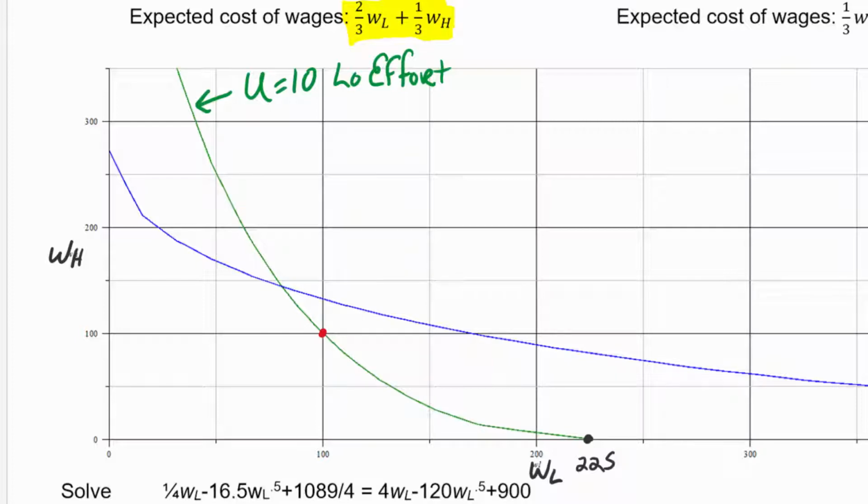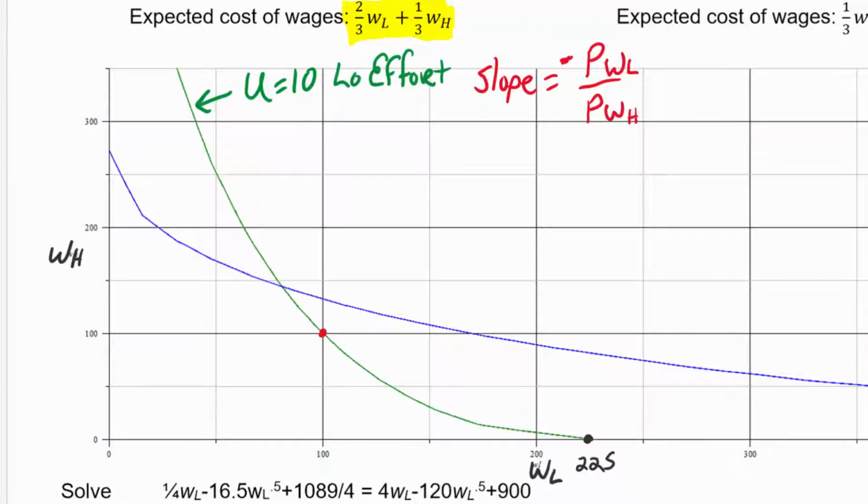Now, typically when we draw an ISO cost, the slope of an ISO cost is equal to the negative of the price of the thing on the x-axis divided by the price of the thing on the y-axis. Well, here we're thinking about the price of the thing on the x-axis as being the price of offering $1 for the low wage divided by what's the price of offering $1 for the high wage.